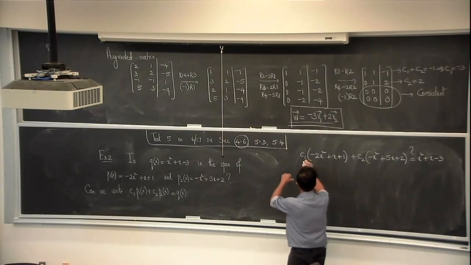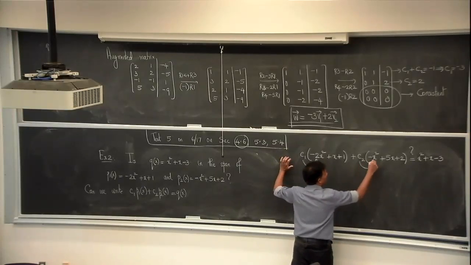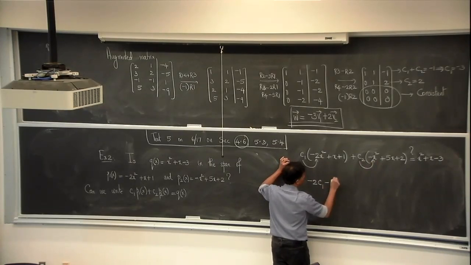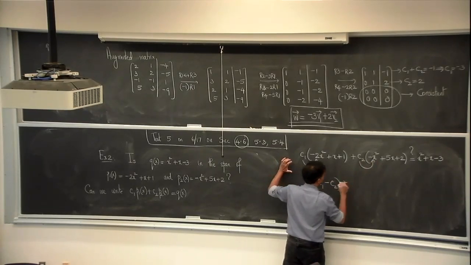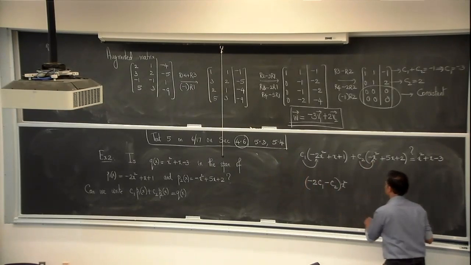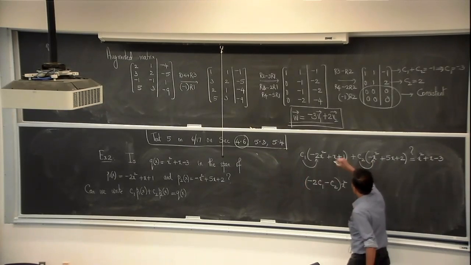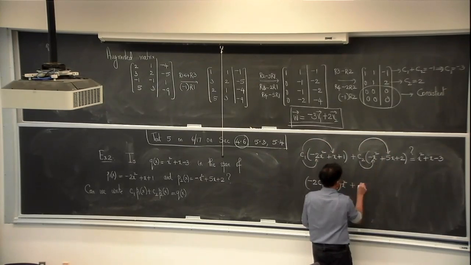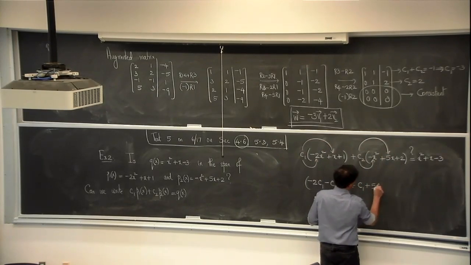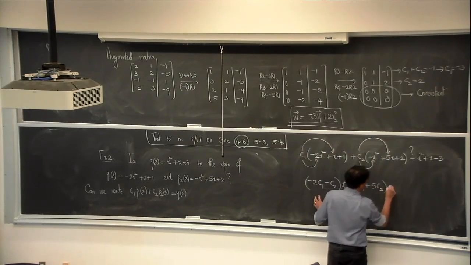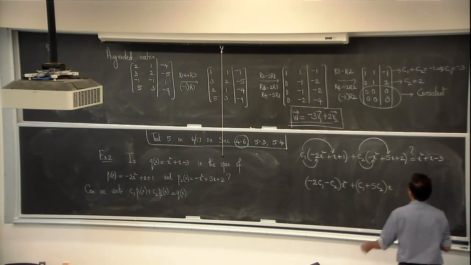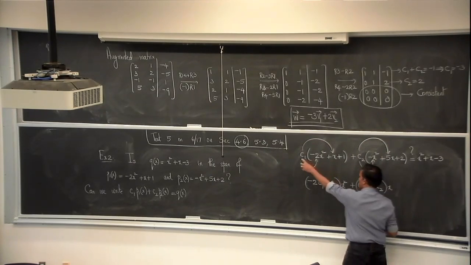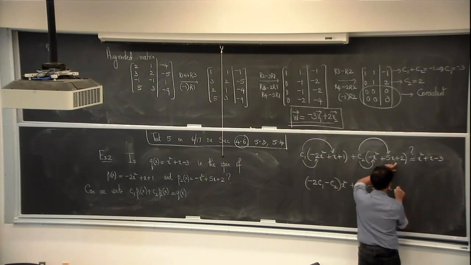So this is going to be negative 2 C1 minus C2 times x squared, plus C1 plus 5C2 times x, and then the constant terms would be plus C1 plus 2C2.